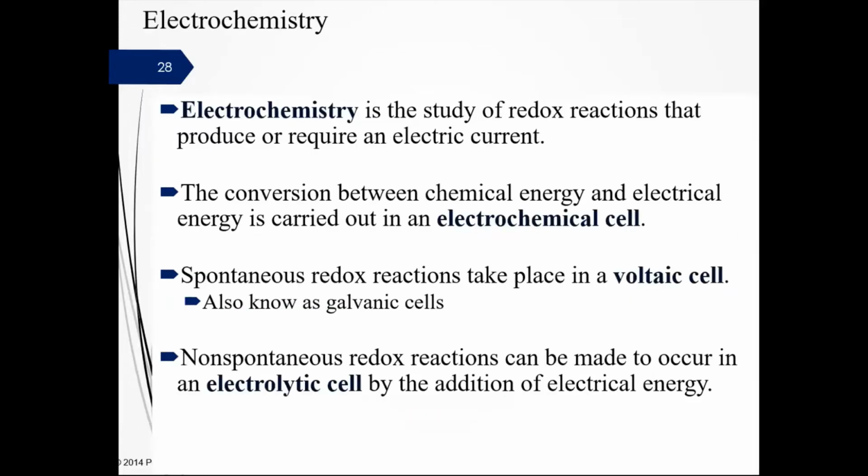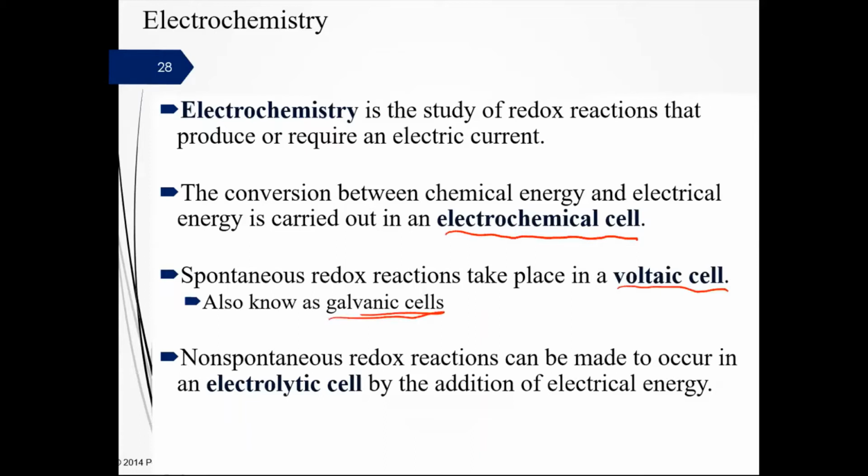So electrochemistry is the study of redox reactions that produce or acquire electrical current. Now this happens in what we call an electrochemical cell, right? And so that's when we convert between chemical energy and electrical energy. Now a spontaneous process is called a voltaic cell or a galvanic cell.